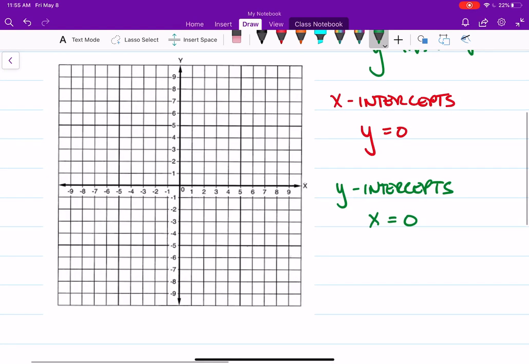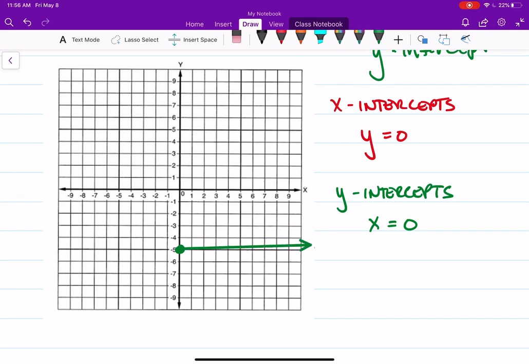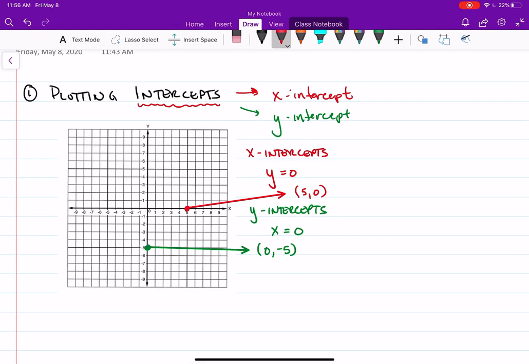Let me plot a point here and put an arrow on this. Notice how this point is 0, negative 5. While this point right here, I'll put an arrow on that, is 5, 0. So notice the y value is equal to 0 on x-intercepts. With the y-intercept, the x is equal to 0.